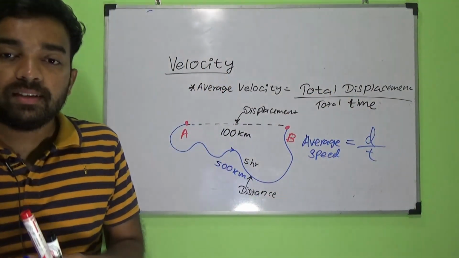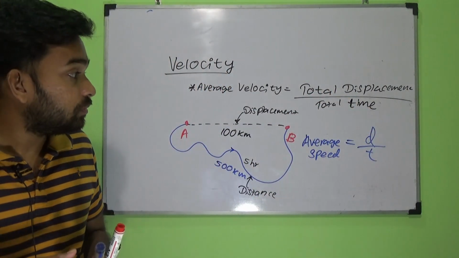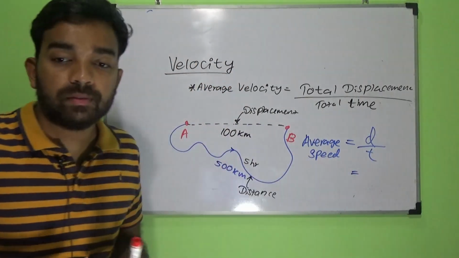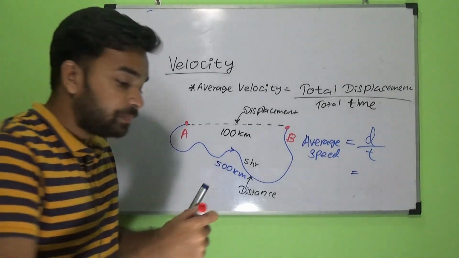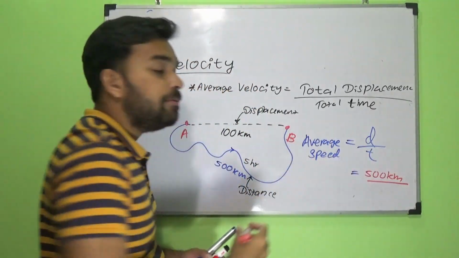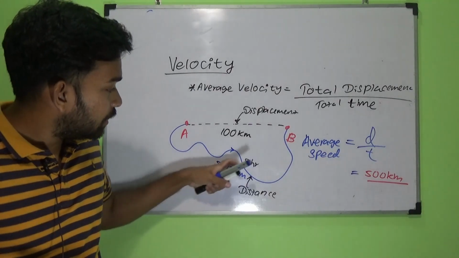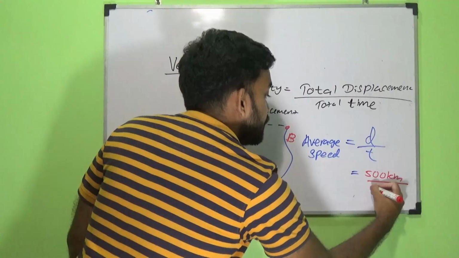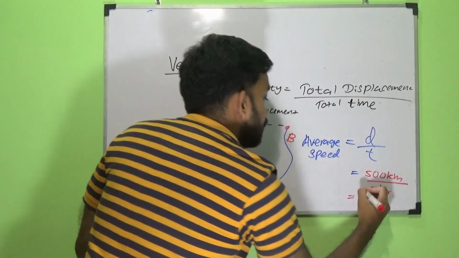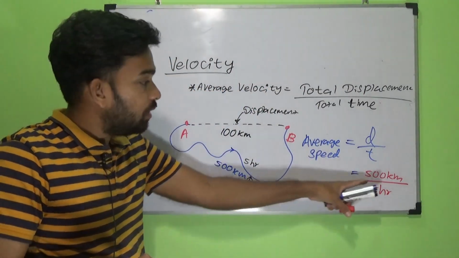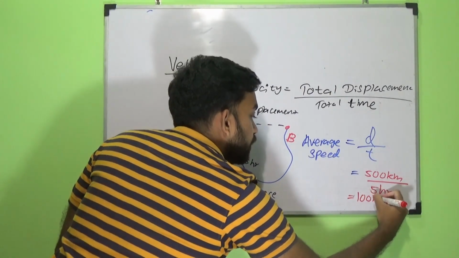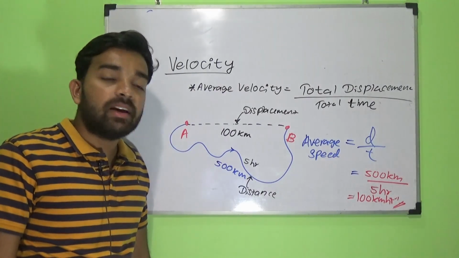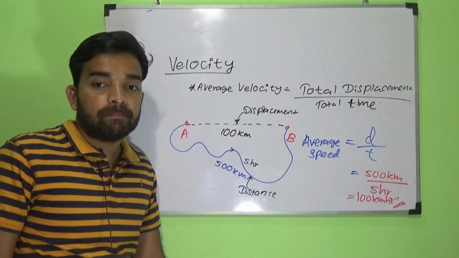The total distance is 500 kilometers divided by the total time taken, 5 hours. So the average speed equals 100 kilometers per hour. Every 1 hour the person has traveled 100 kilometers.